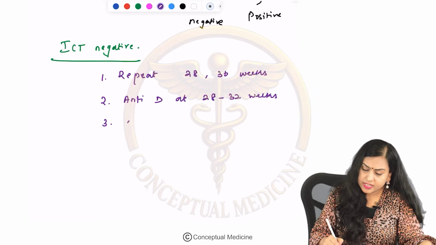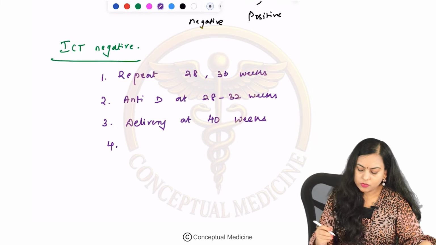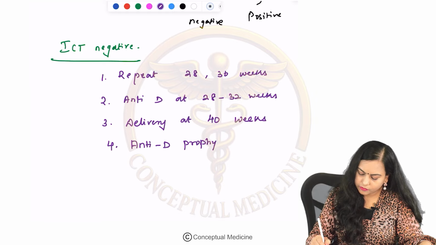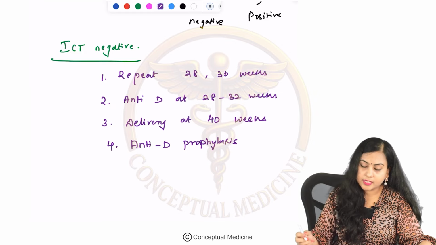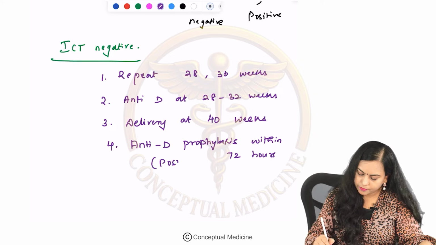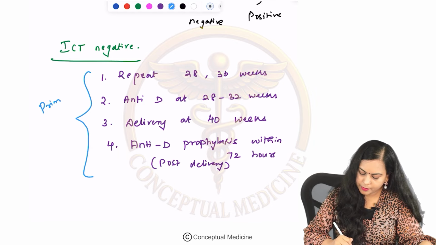You will plan delivery around 40 weeks, and post delivery also you have to give anti-D prophylaxis for the next pregnancy within the next 72 hours, okay. So, this is post delivery, right. So, all these concepts are for a primigravida.